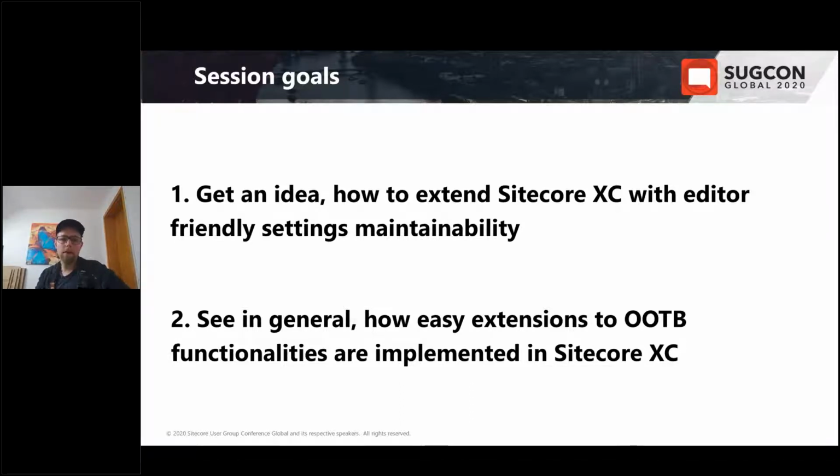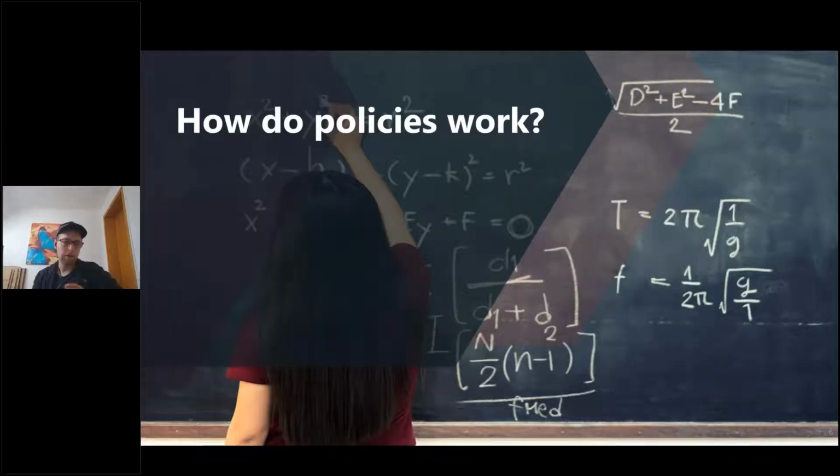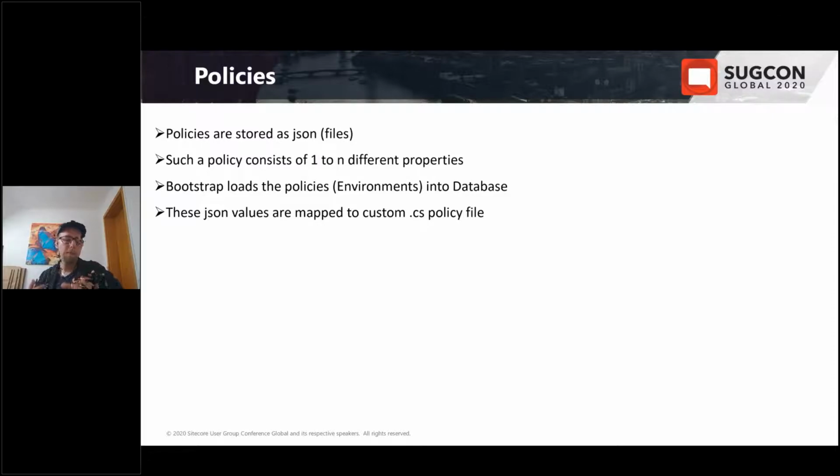So let's first start with how policies work. In the beginning, we should talk about what policies are and how policies can be maintained. And of course, you should get an understanding of what's behind the scenes of policies to really understand the pitfalls. Let me start with general terminology of policies.